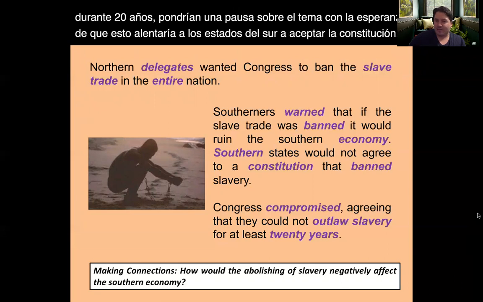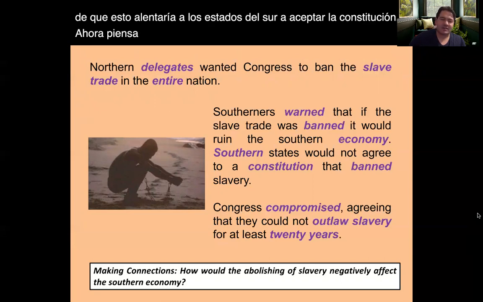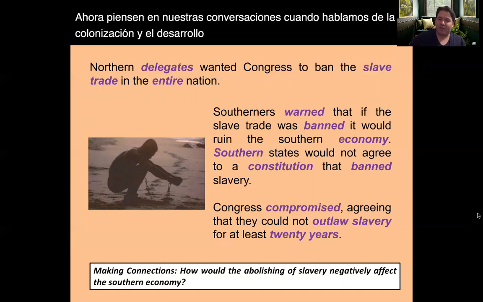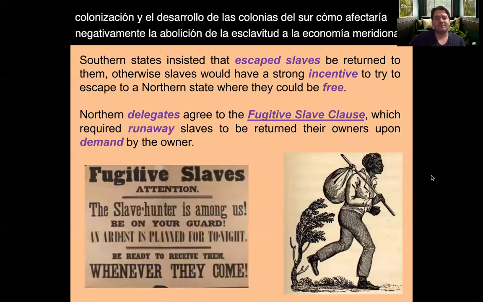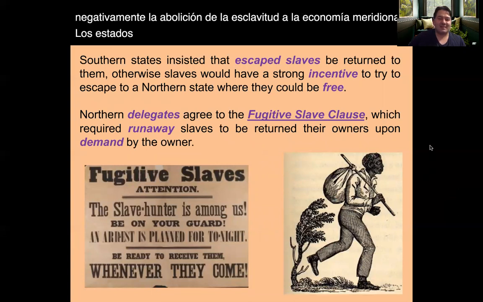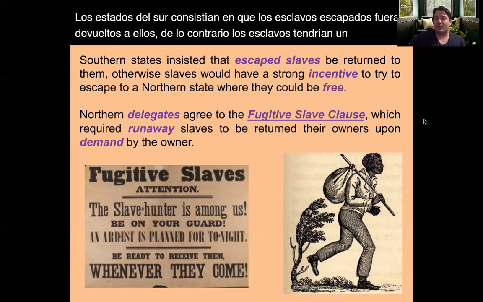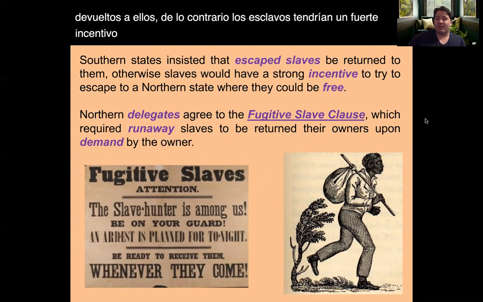Now, think about our conversations when we discussed colonization and the development of the southern colonies. How would the abolishing of slavery negatively affect the Southern economy? Southern states insisted that escaped slaves be returned to them. Otherwise, slaves would have a strong incentive to escape to a northern state where they could be free.